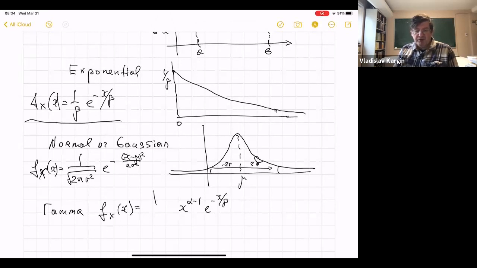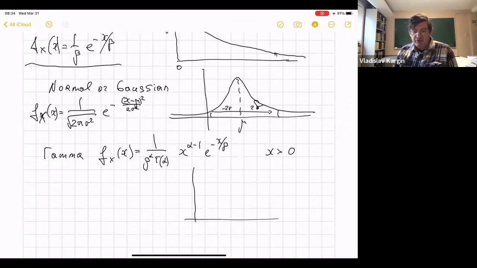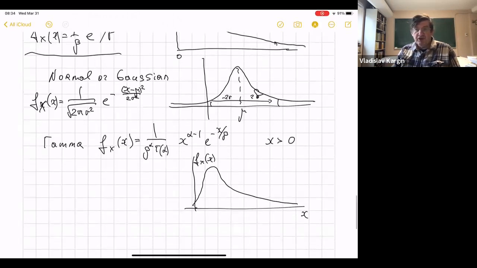It turns out we need beta to the power of alpha and gamma of alpha here, and x greater than 0. So the picture changed a little bit, something like that. Beta again controlled the scale of this distribution, and alpha controlled exactly the shape of this distribution, right? So this was the gamma distribution, a generalization of the exponential.